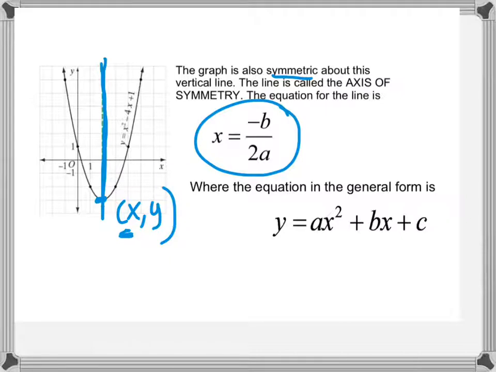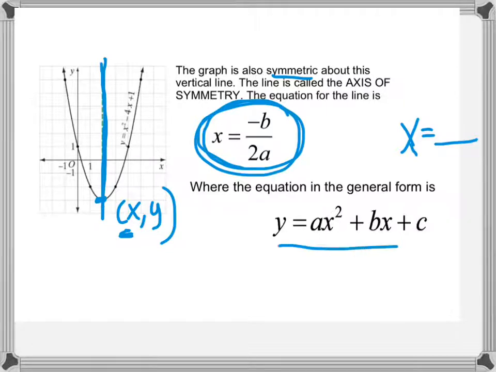Remember, vertical lines have equations that are x is equal to something. So the formula to find this particular x value can be derived from the quadratic function written in standard form.